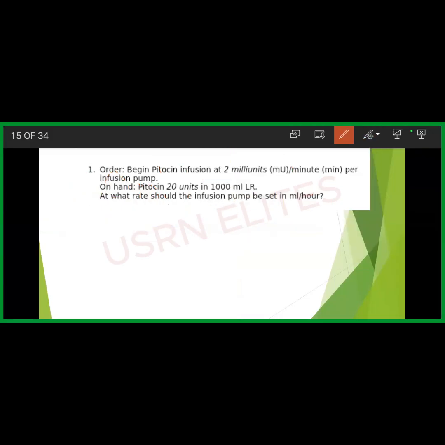But know that for every 1,000 milliunits, it makes up 1 unit. By knowing this, let us do our first conversion. Because you've been given 20 units on hand, we are going to change the Pitocin from milliunits first to units.